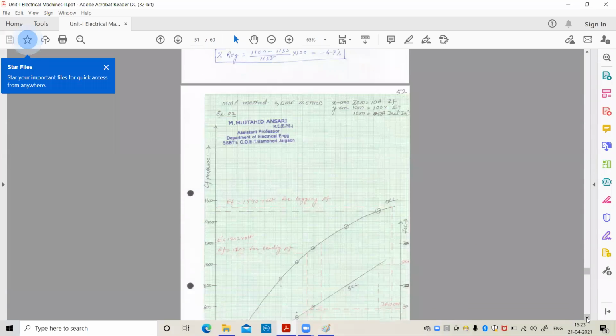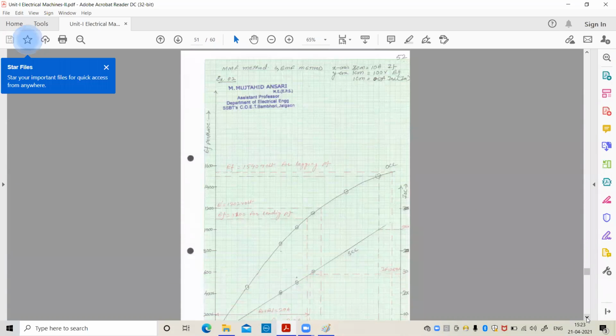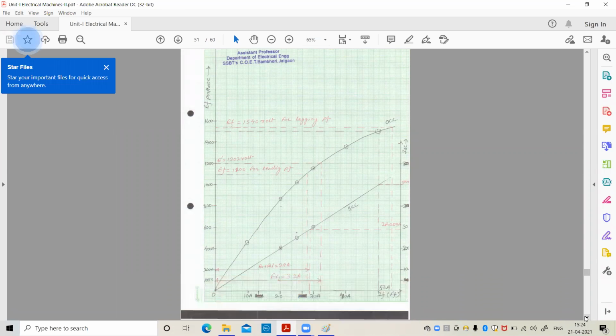This is our graph paper, and from this graph paper we have already drawn the OCC and SCC. On the x-axis, 1 centimeter is equal to 10 ampere, it is a DC current. On the y-axis, 1 centimeter is equal to 100 volt, that is the open circuit per phase voltage, and 1 centimeter is equal to 50 ampere, it is the short circuit armature current.